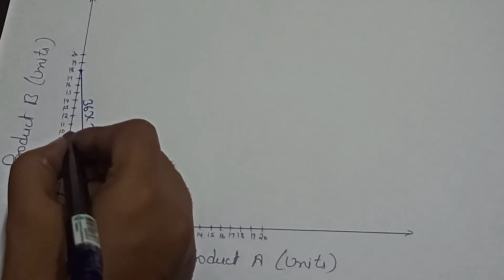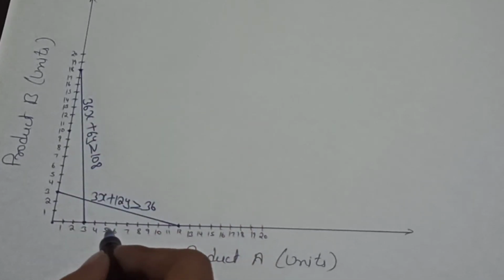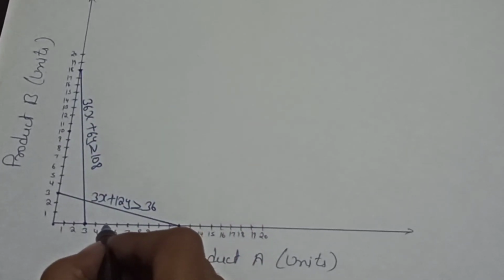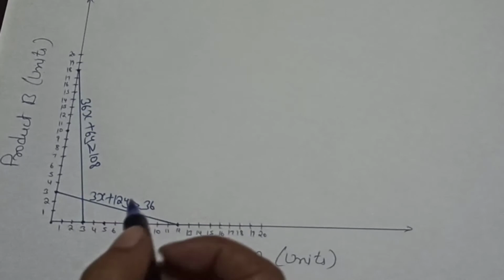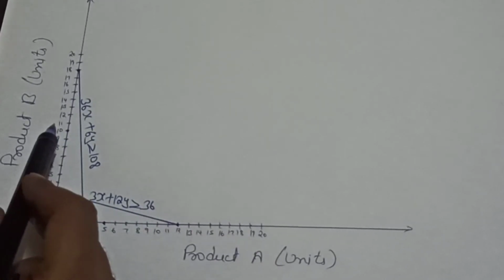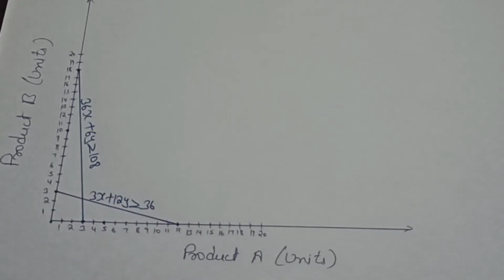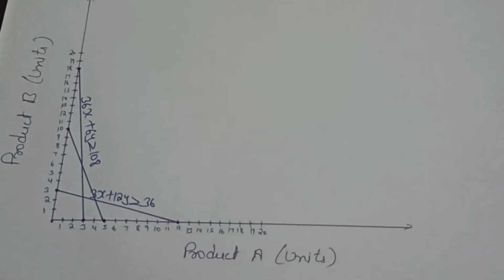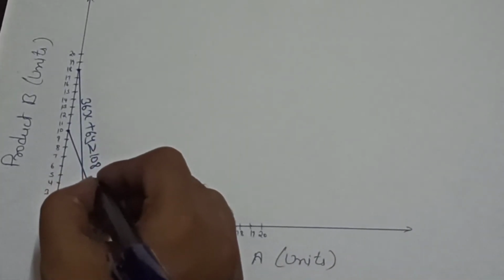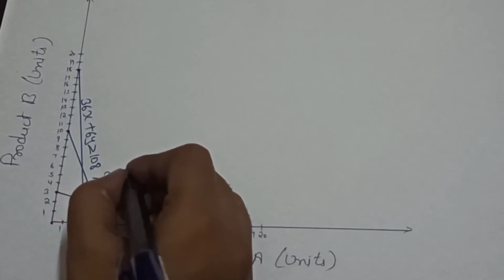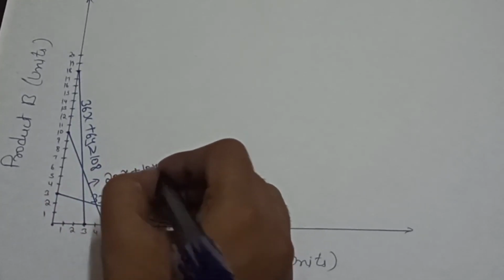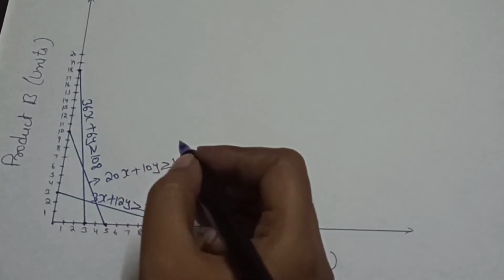So this is the point. And here 5 and 0. So x is 5 and y is 0, so this is the point. Now we will join these two points. So we will draw the line like this. So this is our line, and the equation for this line is 20x plus 10y greater than or equal to 100.